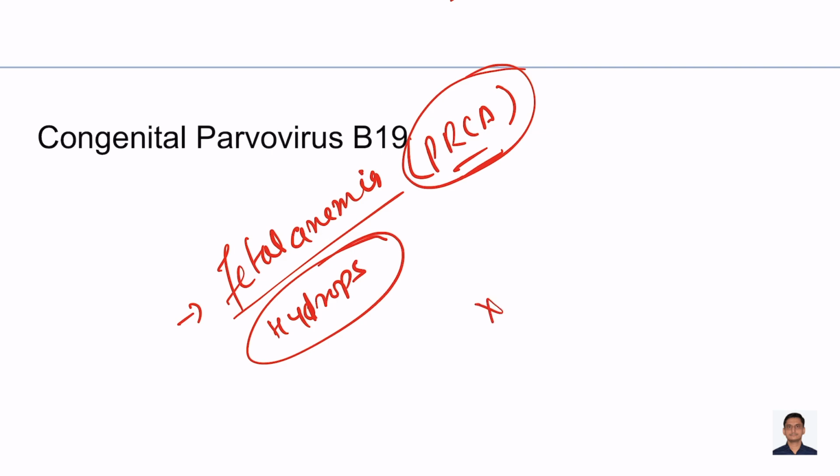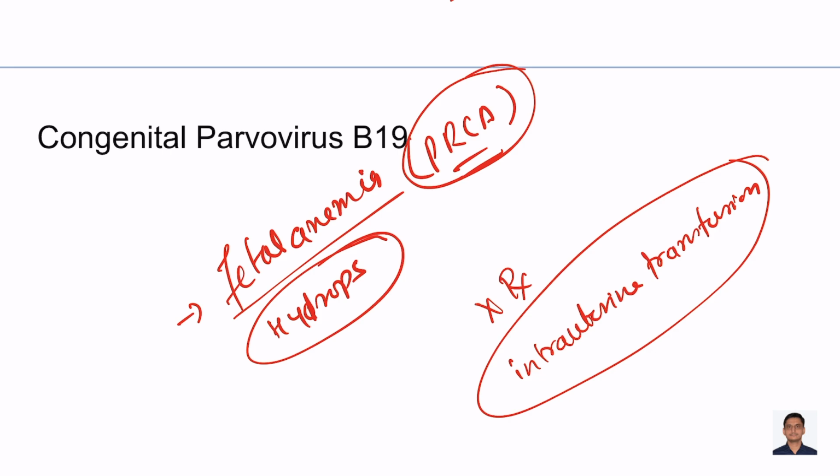There is no specific treatment, so the treatment modality includes intrauterine transfusion to prevent hydrops due to the severe anemia.